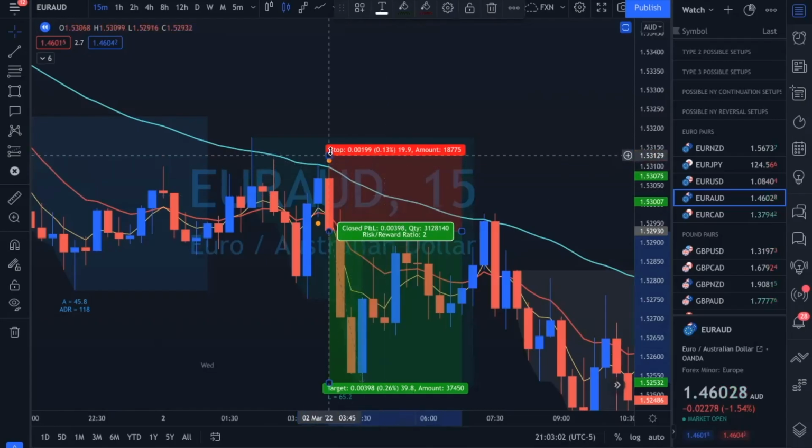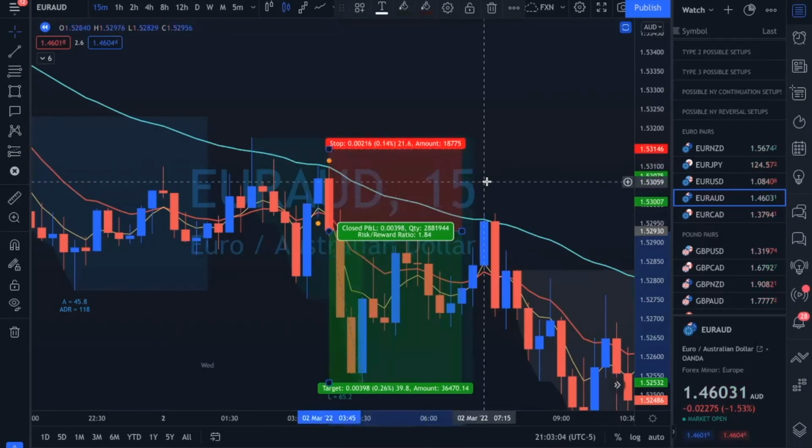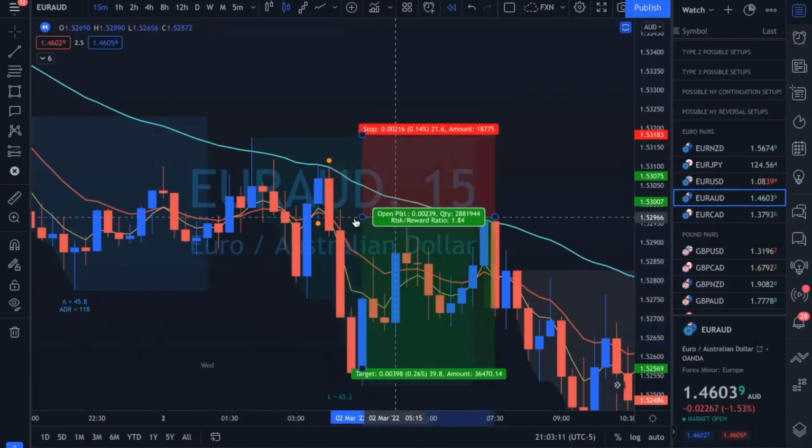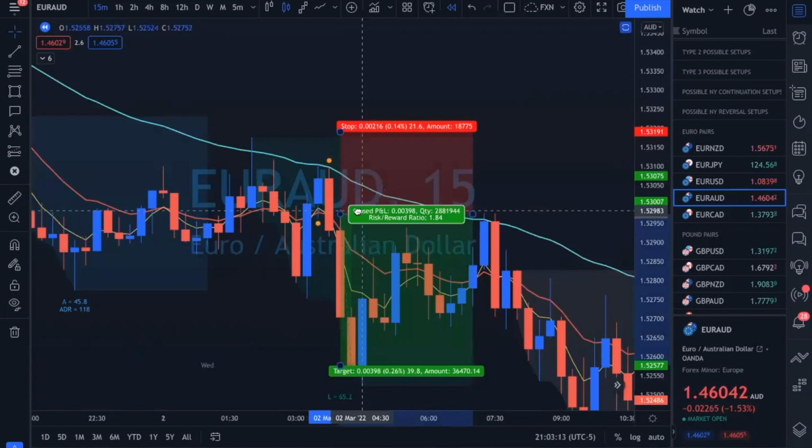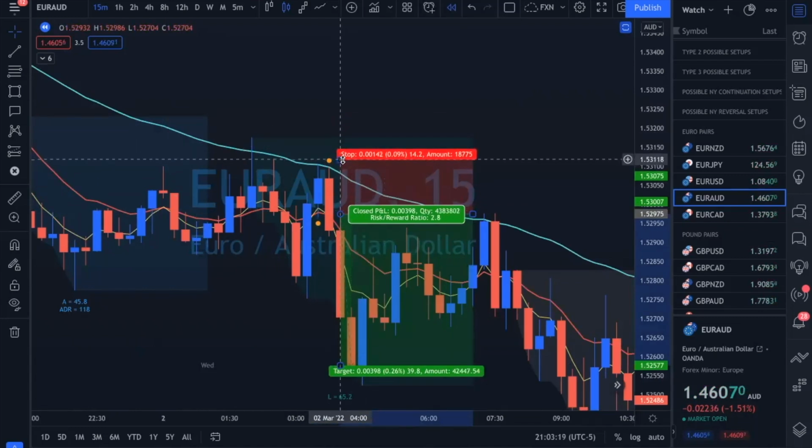Let's say if it was 40 pips, would that be viable for you to actually take that trade? The answer would probably be no. But if you get the pullback, and the pullback allows you to now save 10, 15 pips because of it, then that becomes a more viable trade for you to actually take.